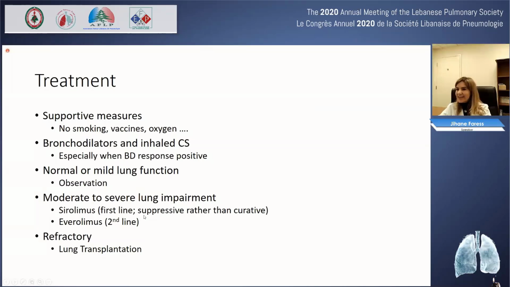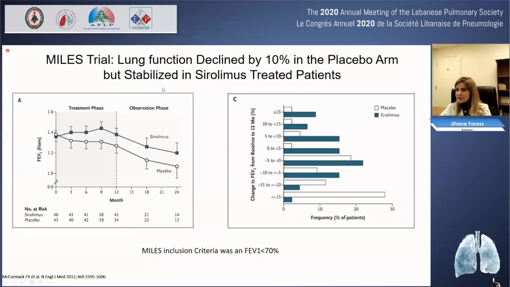I'll do it quickly. So in terms of treatment for LAM, there are supportive measures and pharmacotherapy. The only FDA-approved medication is sirolimus, which is an mTOR inhibitor. Sirolimus came to light based on the MILES trial, done in 2011 by McCormack.